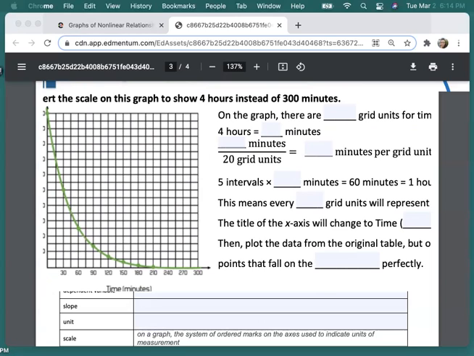So 4 hours, there's 60 minutes per hour. 4 times 60 is 240. That's where this is right here. And then they broke up the intervals based on that. So every grid unit will represent 1 hour.